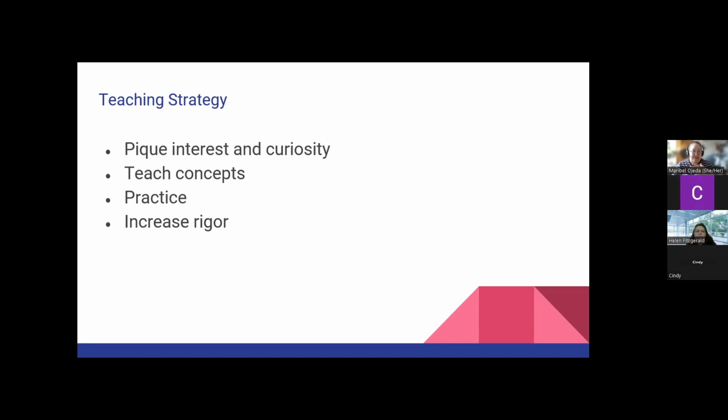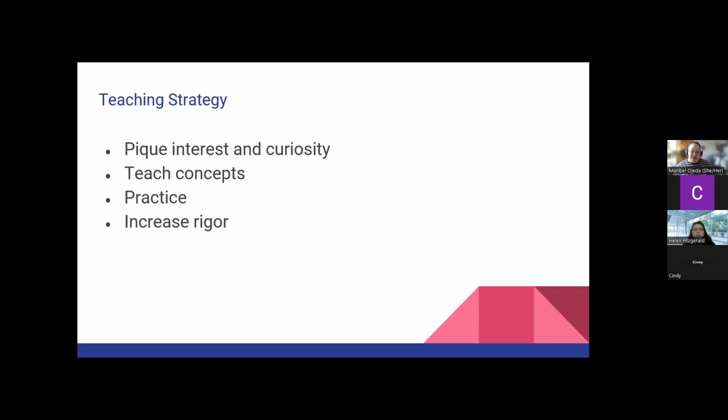I go from the concept. And so you'll see today that I don't use those algorithms. And I think they're very helpful. Those algorithms might be helpful to the students that are GED ready or high school equivalency ready, but not when introducing these topics.